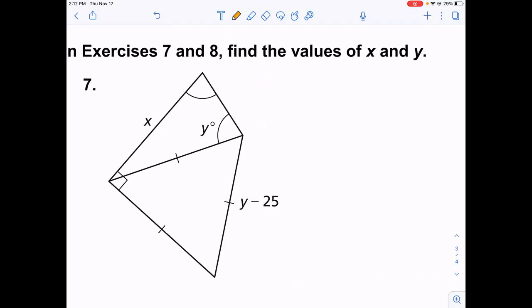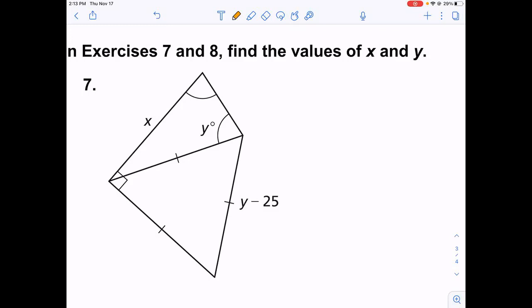What can we find first, X or Y? Okay, Bryce, you said Y. Okay, X. How?